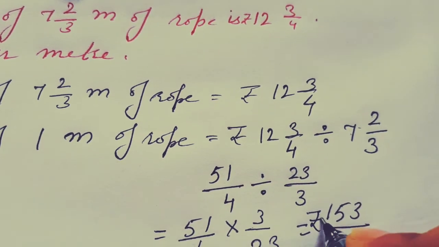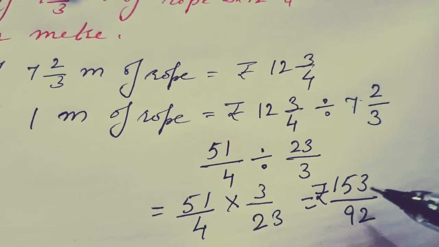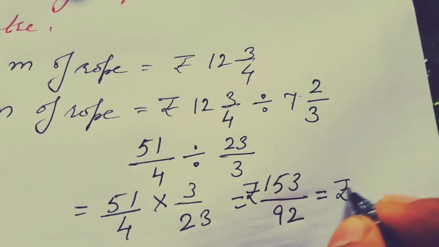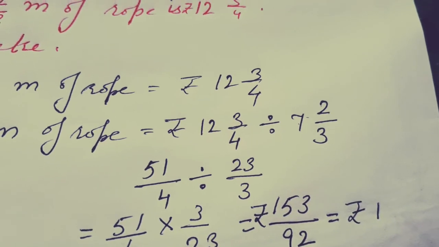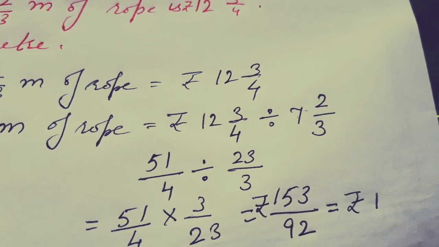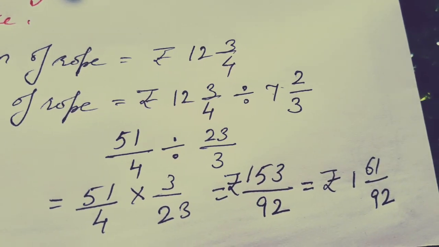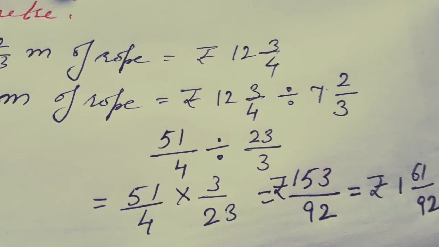So this will be the cost of 1 meter of rope, so rupees 153 by 92. You can divide it and give the answer as a mixed fraction also. So it will become 1 and 61 by 92. So rupee 1 and 61 by 92, that will be your answer. Thank you so much.